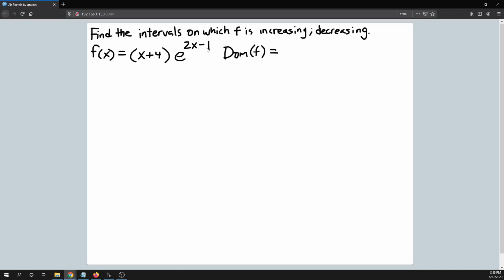The 2x - 1 function has been plugged into e to the x, and e to the x also has domain all real numbers. So since this function is made up of pieces which have domain all real numbers, and we're not doing division, it's just multiplication and composition, then this function will have domain all real numbers as well.